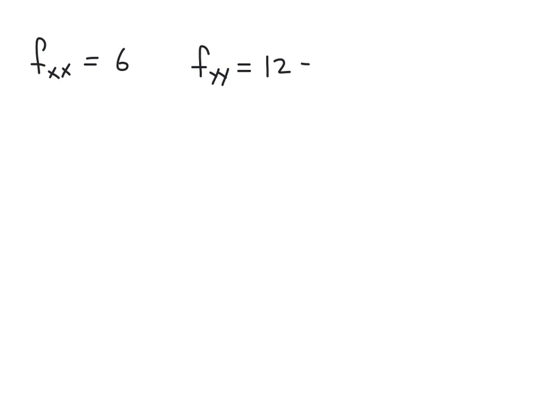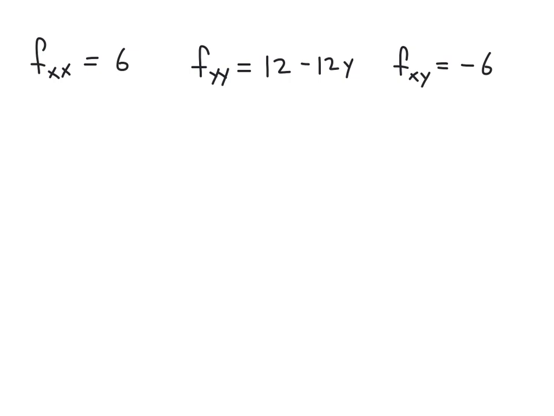And f_xy: we know from Clairaut's theorem we can differentiate either derivative with respect to the other variable. So I'm just going to differentiate f_x with respect to y, and we get negative 6. You could do it the same way with f_yx. It really doesn't matter which way you go.